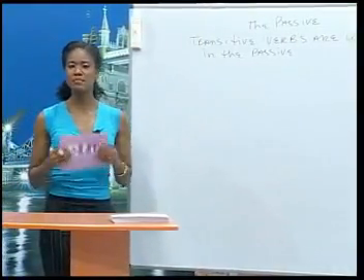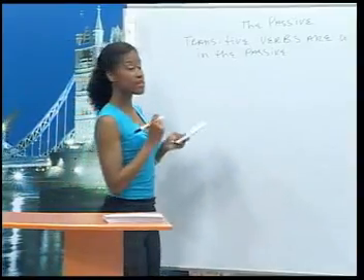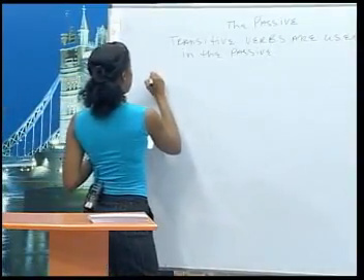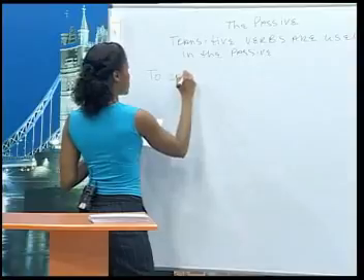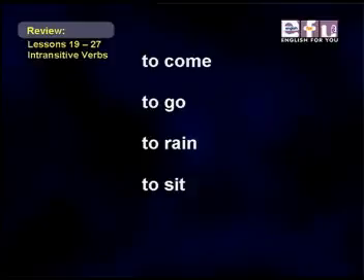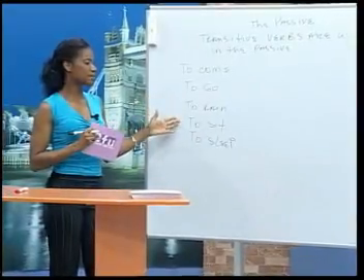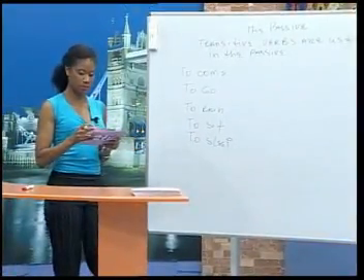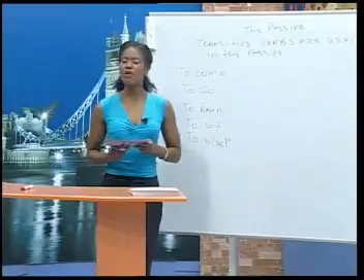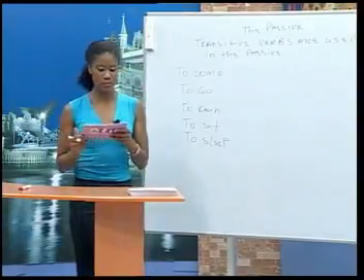These verbs cannot be used in the passive. Some examples of these intransitive verbs are to come, to go, to rain, to sit, or to sleep. To come, to go, to rain, to sit, and to sleep. All right, now we're ready to practice.